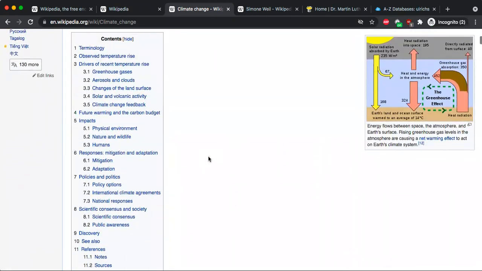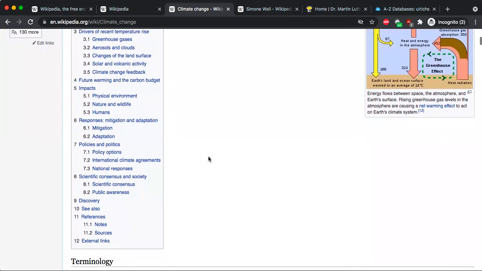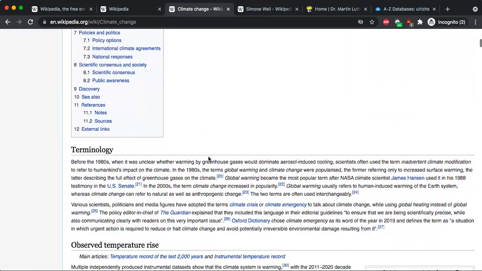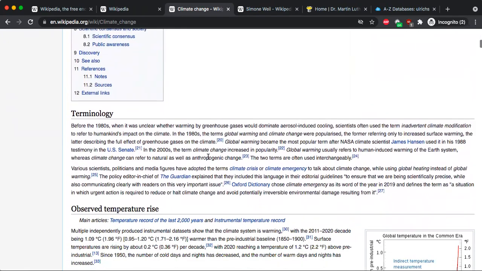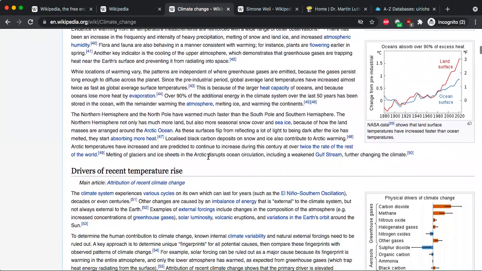I get content, I get terminology, which is really, really important. It can give you keywords for your later searches for peer-reviewed articles or books when you actually work on your paper or project. You can look through this on your own: policies and politics, scientific consensus, discovery, and so forth. You don't need to read every single word. That's another thing I always say.